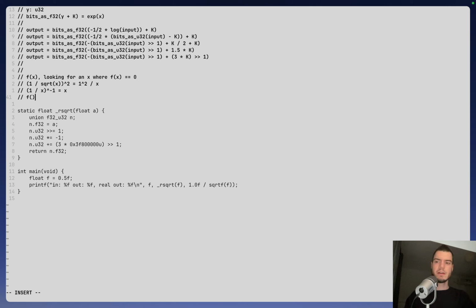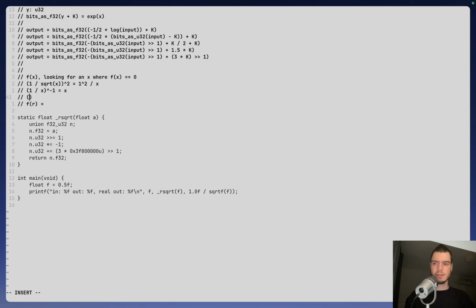So we will have a function that is defined in terms of r, our result, like the result of our inverse square root. Taking that result to the power of minus 2, because, again, 1 divided by the square root of x to the power of minus 2 is equal to x.